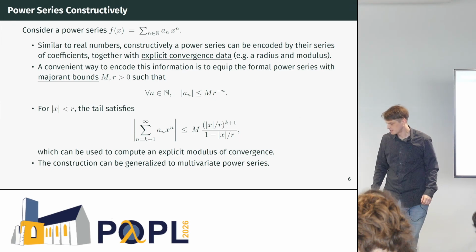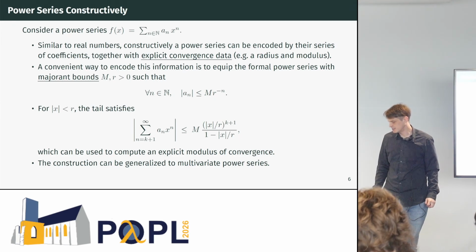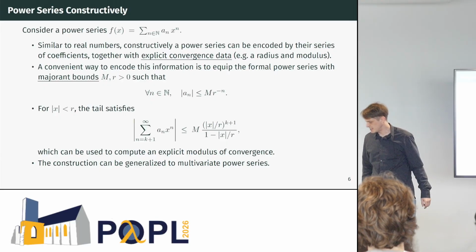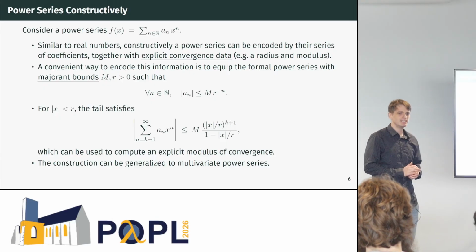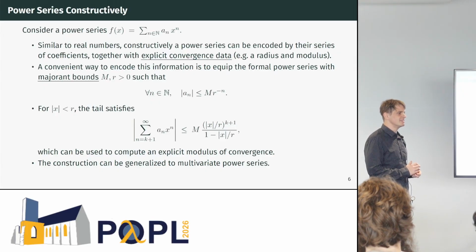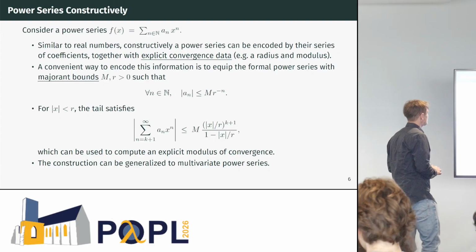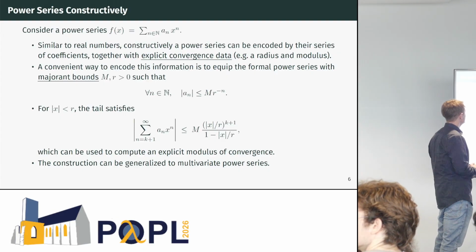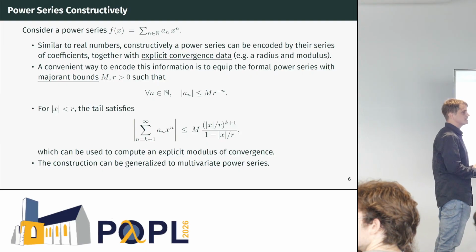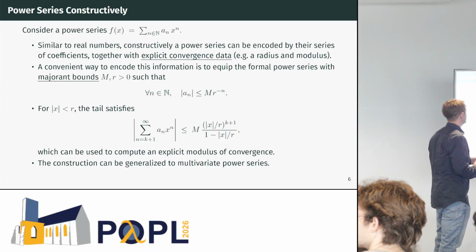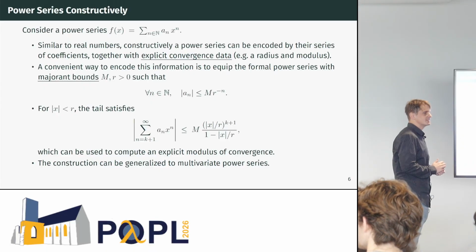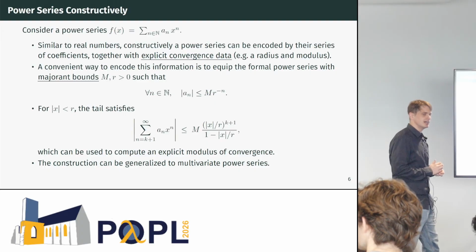Okay, so what do we do? The main thing here is that we have to make a bit more explicit how the right-hand side function is given. Here's how we encode converging power series. This is for the one-dimensional case, but it generalizes quite simply to higher dimension.